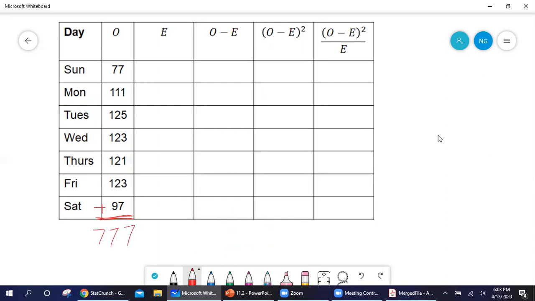If I think it's going to happen with equal frequency, the same number of births per day, 777 divided by 7 days gives me an expected of 111 births per day. Now, obviously, my numbers aren't the exact same as that, but we need to figure out how far apart they are. So in the next column, I do observed minus expected.